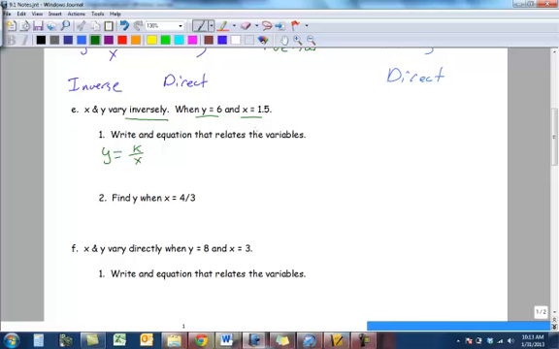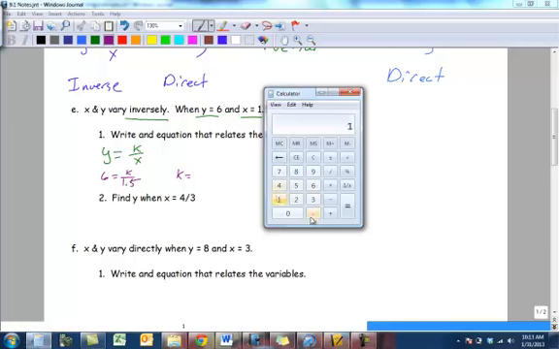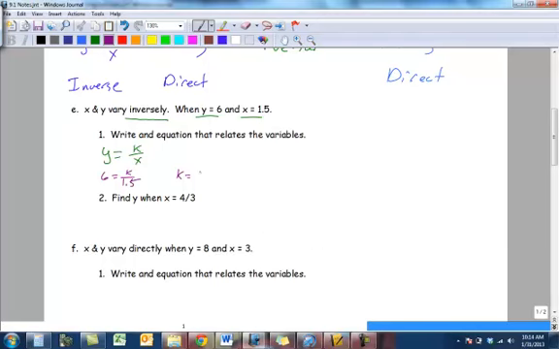So we got to find k. Find k by plugging in y and x. 6 equals k divided by 1.5. Multiply by 1.5 on both sides. You get k is 1.5 times 6. K is equal to 9.